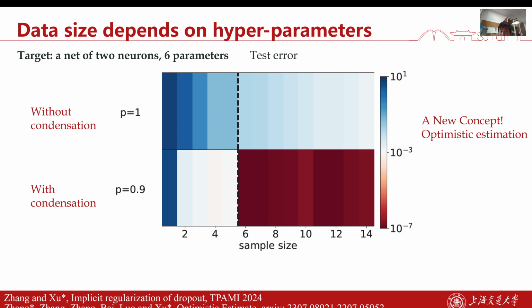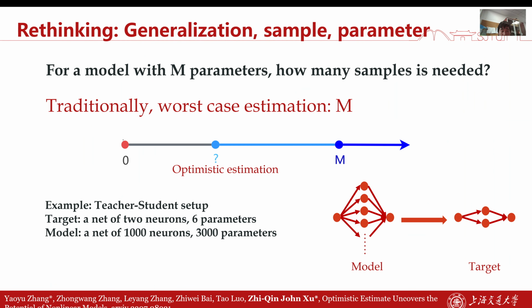So now let's rethink the relationship between generalization, sample size and parameters. For a model with n parameters, how many samples do we need? Traditionally, it's n, but now we have this optimistic estimation. For example, in this case, once the neurons tend to behave as similarly as they can, after training we actually have only 6 effective parameters.